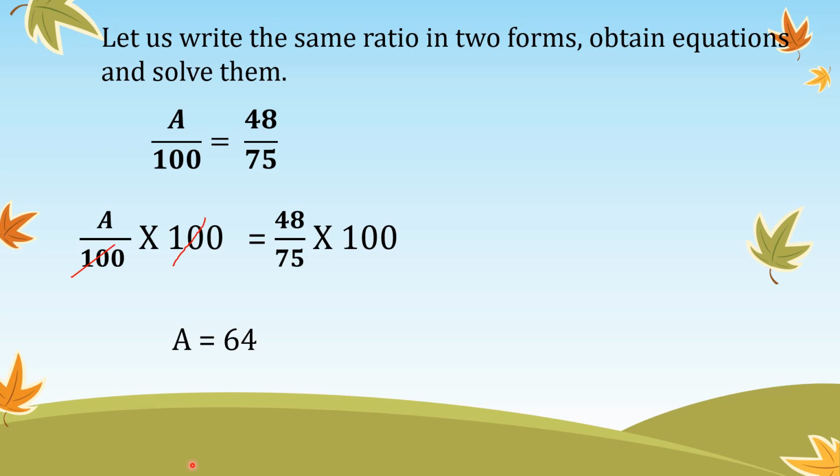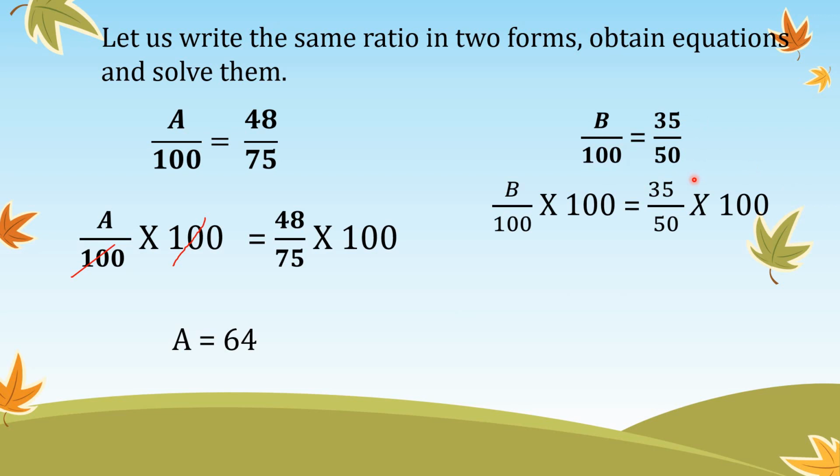Now we will solve for the second group. So that is B upon 100 is equal to 35 upon 50. So here we will multiply both sides by 100. So B upon 100 multiplied by 100 is equal to 35 upon 50 multiplied by 100.